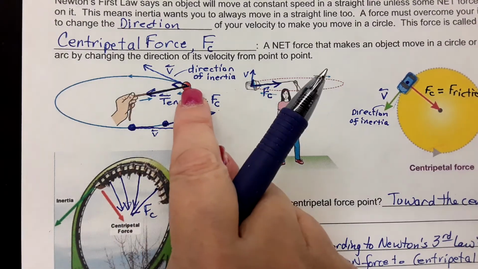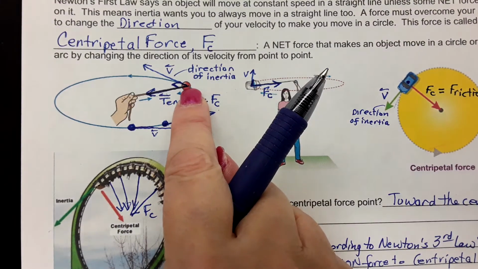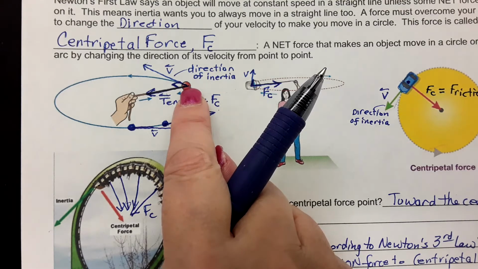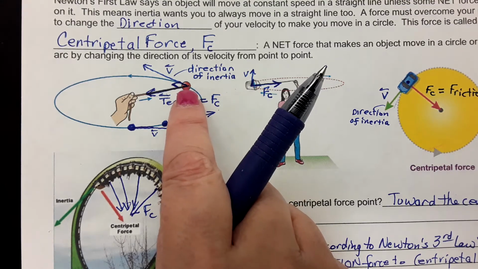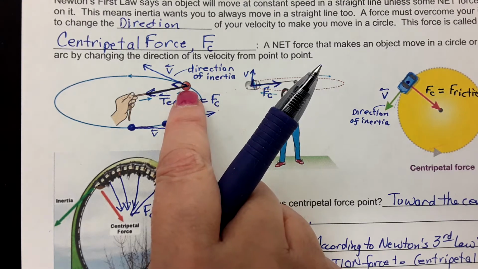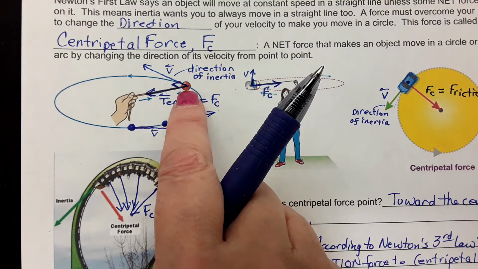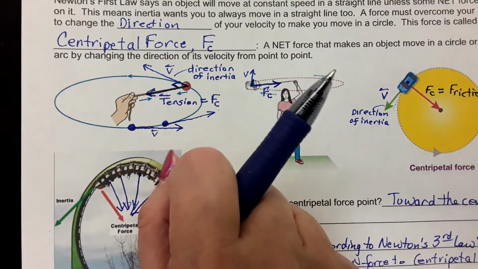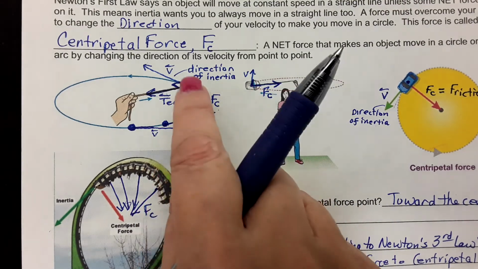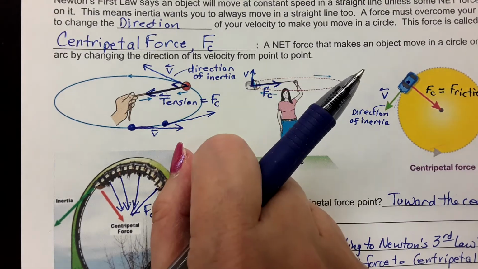But since it's acting from the ball and not on the ball, the ball being our object of focus, we don't consider it, because we only look at the forces that act on the focus object, not the forces that act from the focus object. So since the reaction force, the centrifugal force, is a reaction, it acts from the ball, we don't care about that.